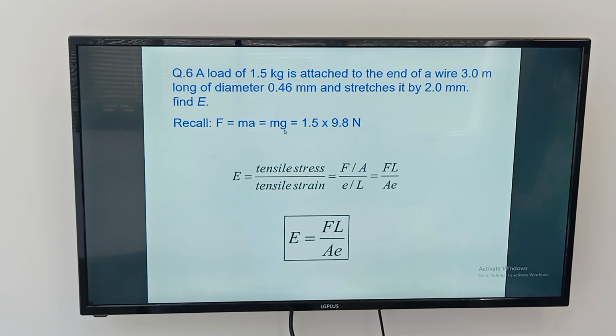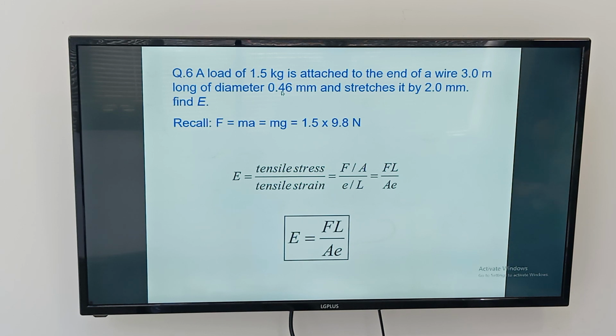Now, why do we use the gravity formula? Because it says a load of 1.5 kilogram is attached to the end of a wire. Gravity affects every single object in the universe.